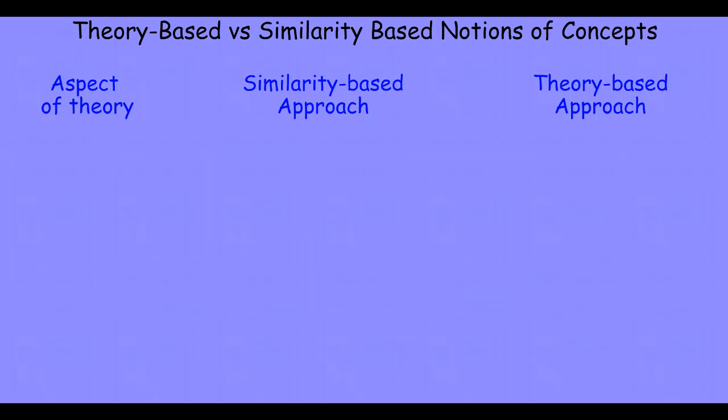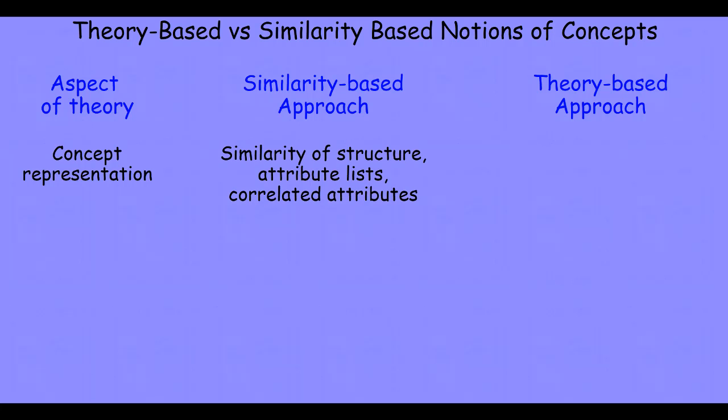So with that in mind, when we start to think about similarity versus theory-based approaches, we want to see how they differ with respect to all sorts of different aspects of the theory and how it pertains to that central function of concepts. So how are concepts represented in each theory? Well, similarity-based approaches suppose that concepts are similarity structures, attribute lists that maybe have some correlations between them.